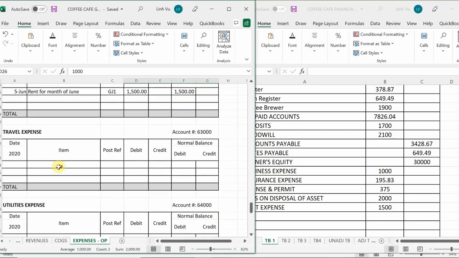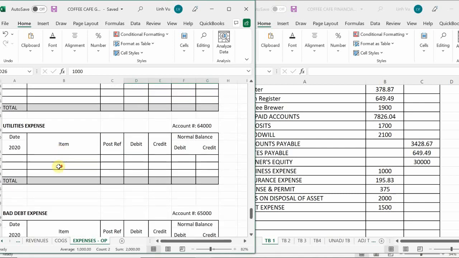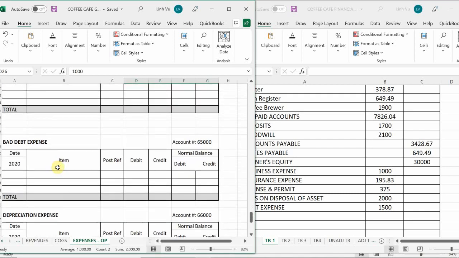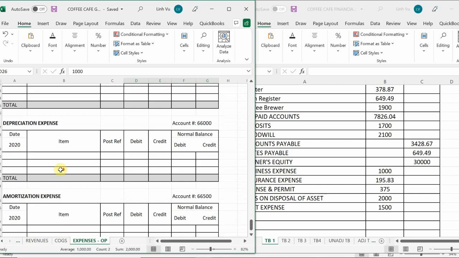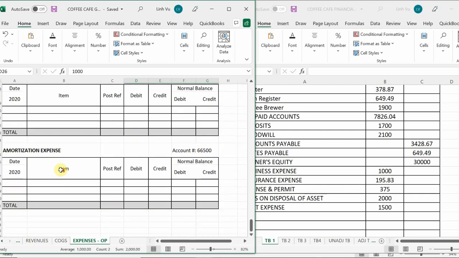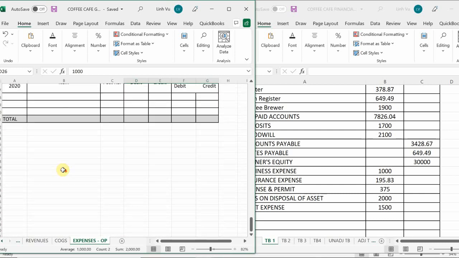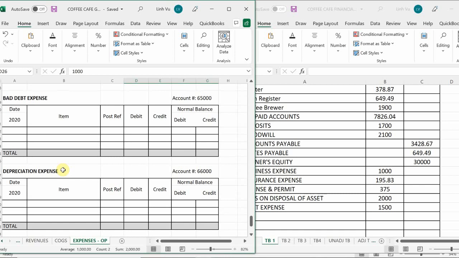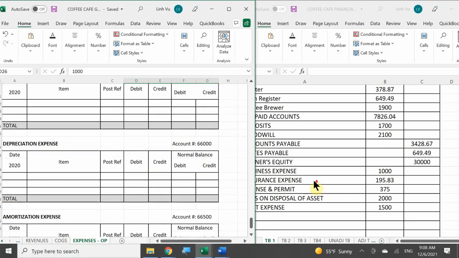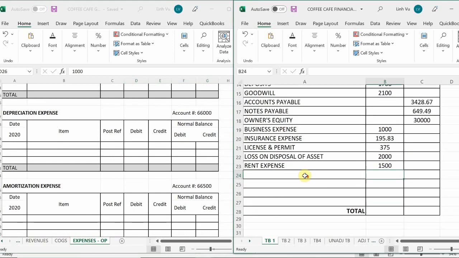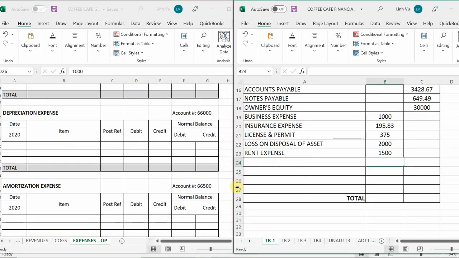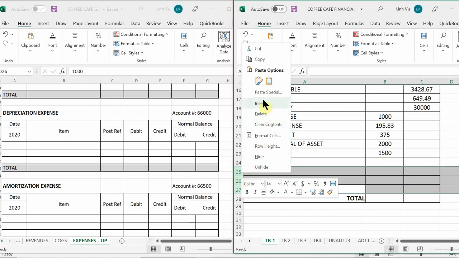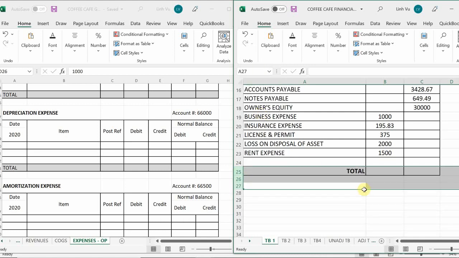Did I do any travel expenses? No. Any utilities expenses? No. Any bad debt? No. Depreciation? No. Amortization? No. So let's go ahead and do my formula here to ensure that my debits match the total amount of credits by equal summing each column.